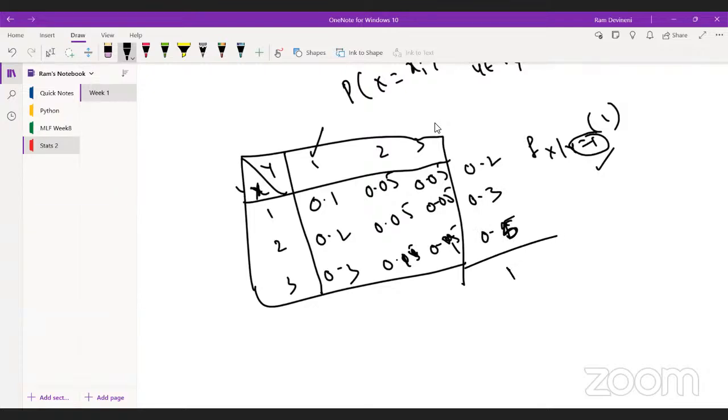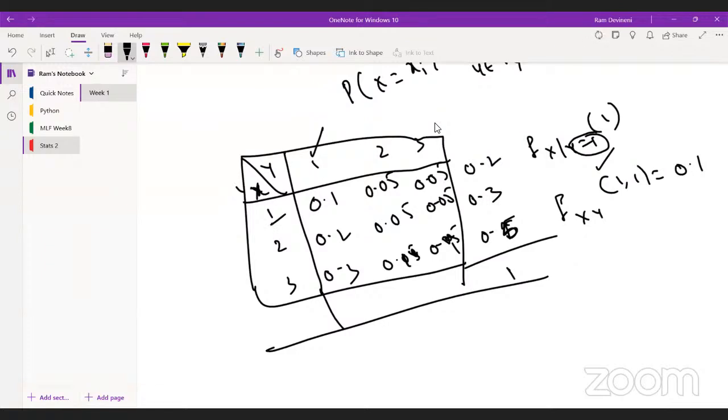Now the sum is equal to 1. Initially, when I say f of xy at 1 comma 1, the probability of this happening is 0.1. But if I say y equals 1 has already happened, when y equals 1 has happened, what is the probability that x equals 1 will happen? Among these conditions, we should look for this case, right? Correct.